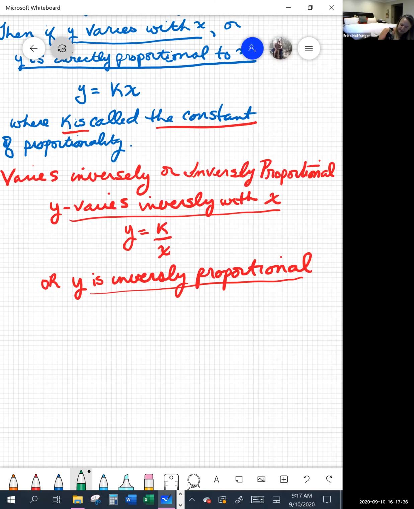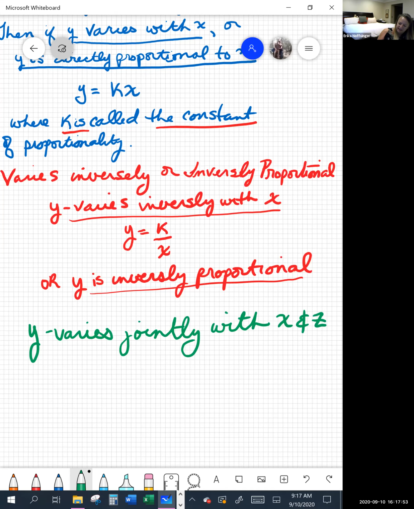Y varies jointly with, let's say, X and Z. Then we would write this as Y is equal to K, our constant, times X times Z. Jointly just means multiplication.